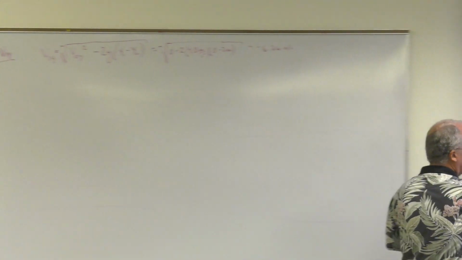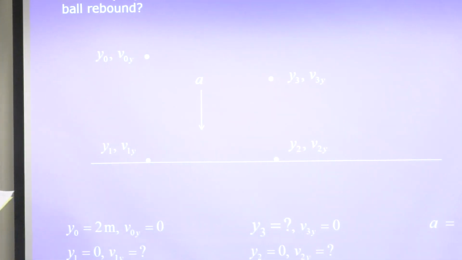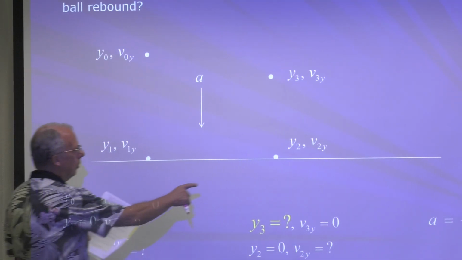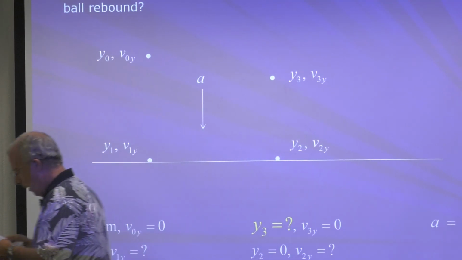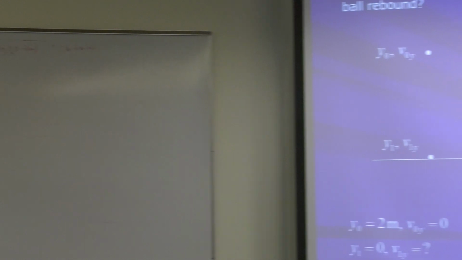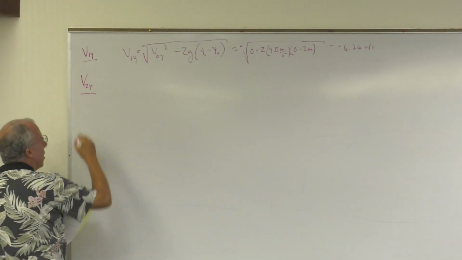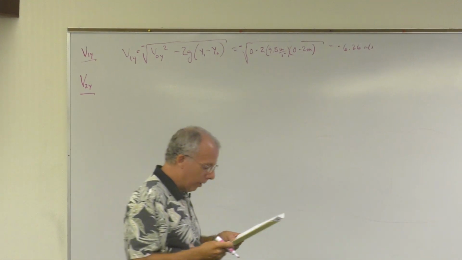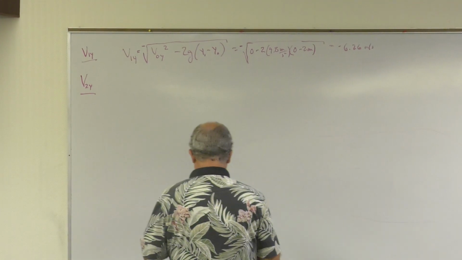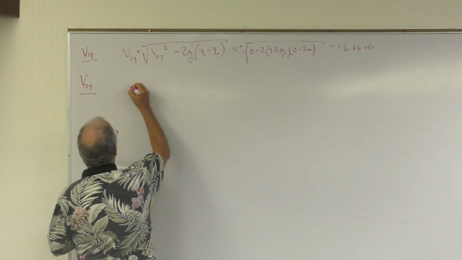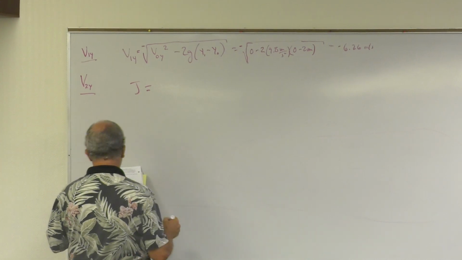You know, we could have done that a month ago, just using kinematics. Now we want to figure out v2y. Oh, golly. So now v2y, and that's after the collision, right? And so that's impulse momentum. We can do it. Okay, so J is the impulse.